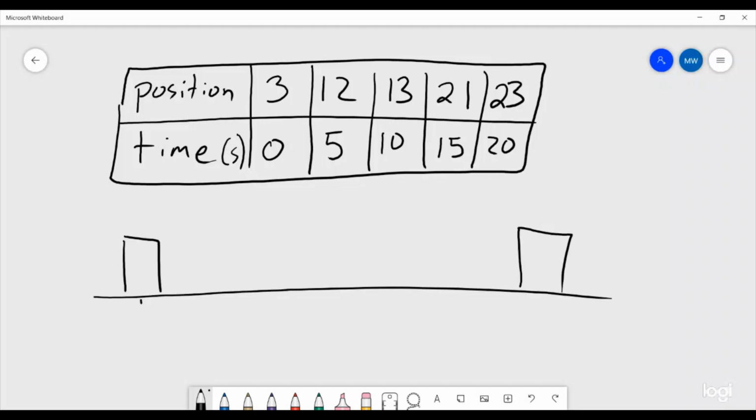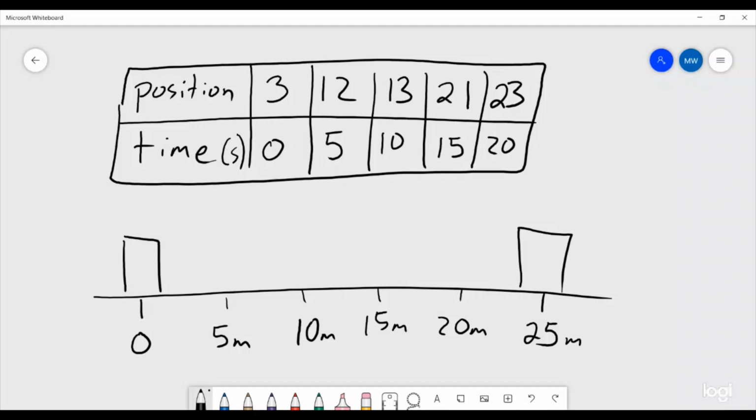And this might be position 0, and this might be like position 25. And then we could be breaking this up into some different sections. So this is 5 meters down the hallway, this is 10 meters down the hallway, 15 meters, 20 meters, 25 meters, and we have all of these different positions.